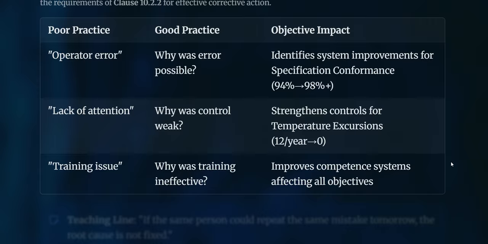The third poor practice for root cause analysis is blaming training issues, saying people are not well trained. The good practice is to start with questions such as why was training ineffective? The objective impact is to improve the competence system affecting all objectives.